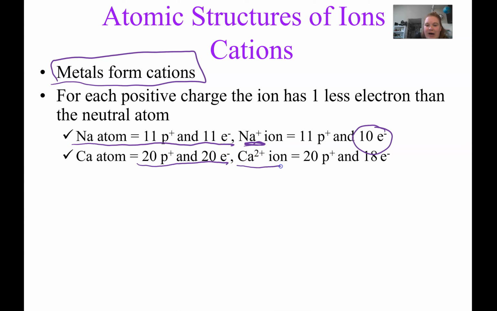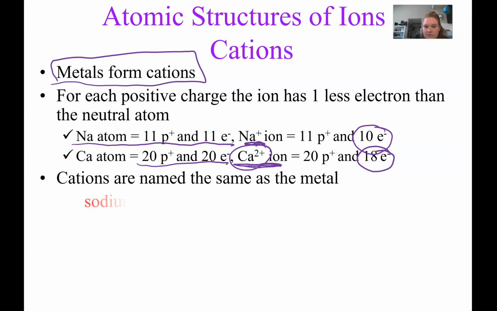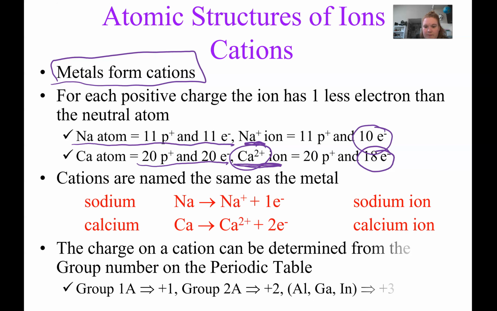And a calcium ion will have 20 protons and 18 electrons. So because it has lost 2 electrons, it now has that positive 2 charge. And there's the same examples written out in more of a chemical reaction form.